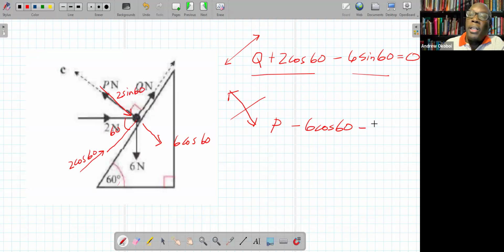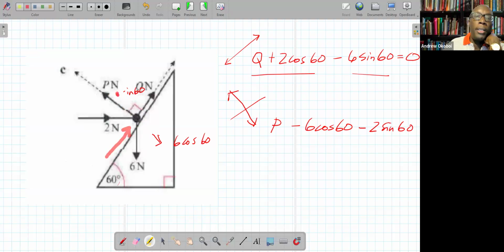So this one is minus 2 sine 60. So always remember that these ones which are at an angle, you want to make sure you turn the force so that, when I finish, this 2 has only 2 parts: one which is parallel to the plane and one which is perpendicular to the plane. Those are the only components I need.